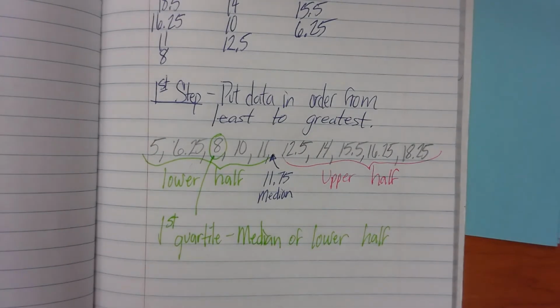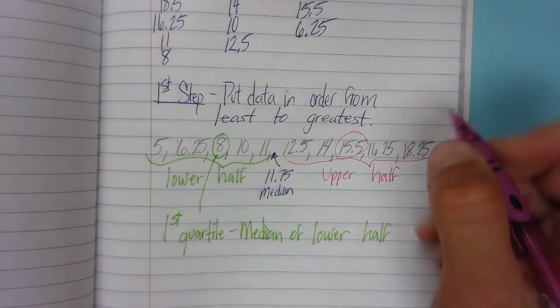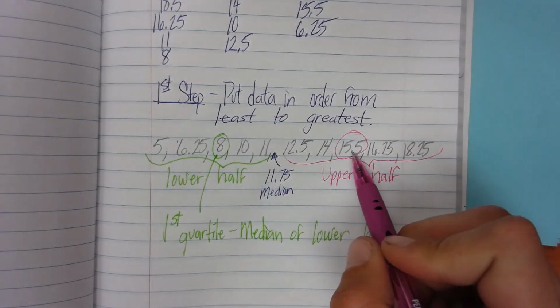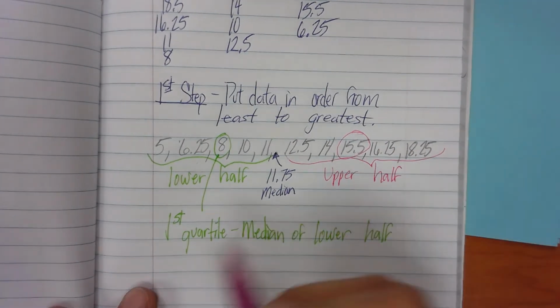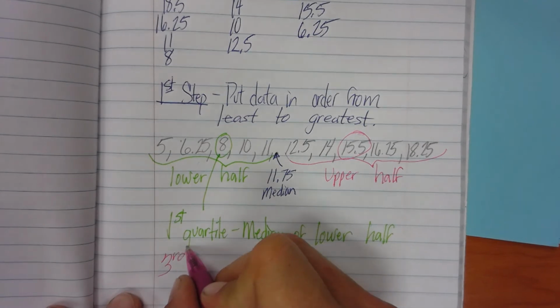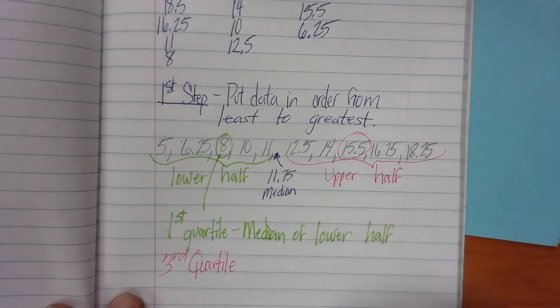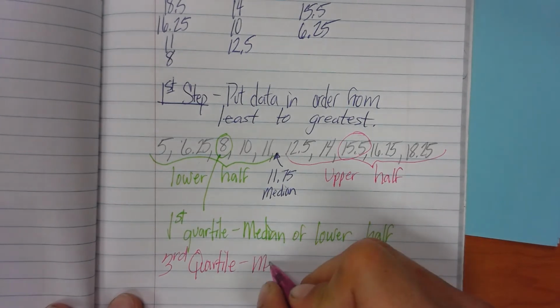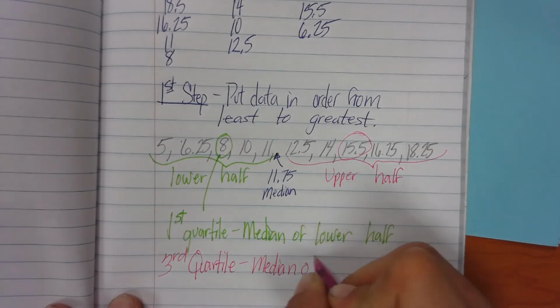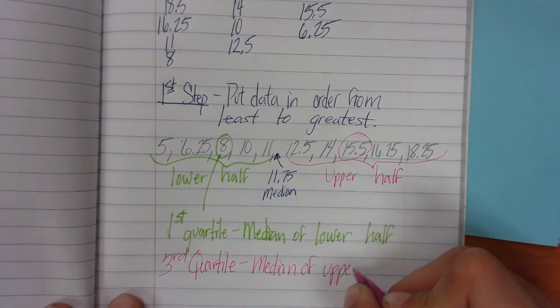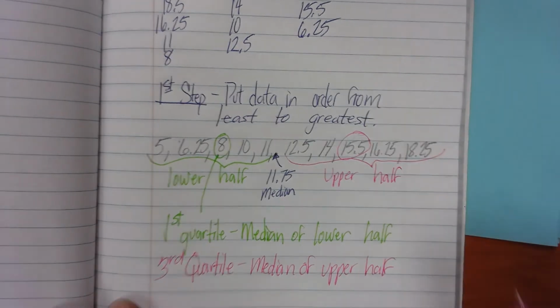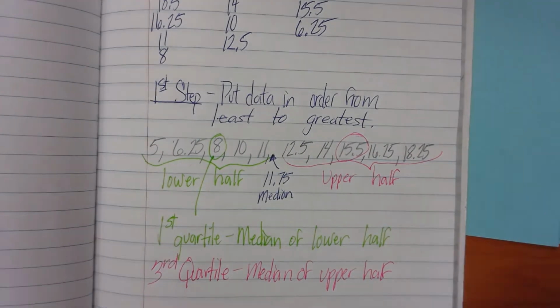Now this is the median of my upper half, which is my third quartile. This is 8.